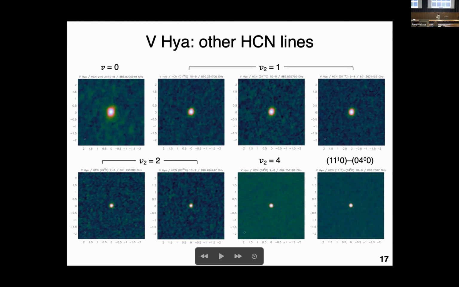We can see a gradient in the extent of the emission and also in the intensity. The entire data set will eventually allow us to carry out excitation analysis to derive the physical conditions in the envelope. So HCN for carbon-rich stars would be as useful as SiO in oxygen-rich stars.